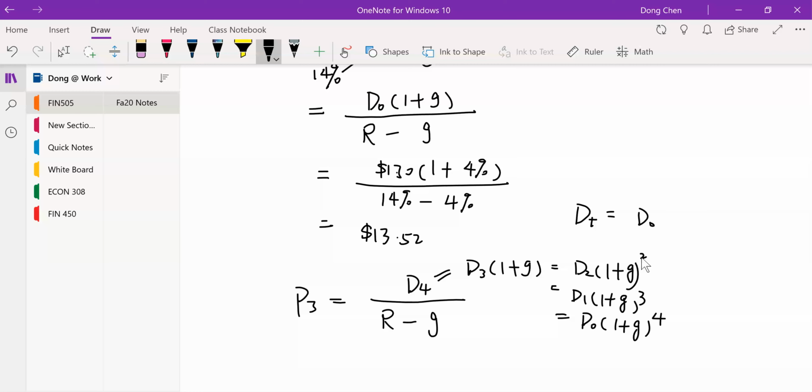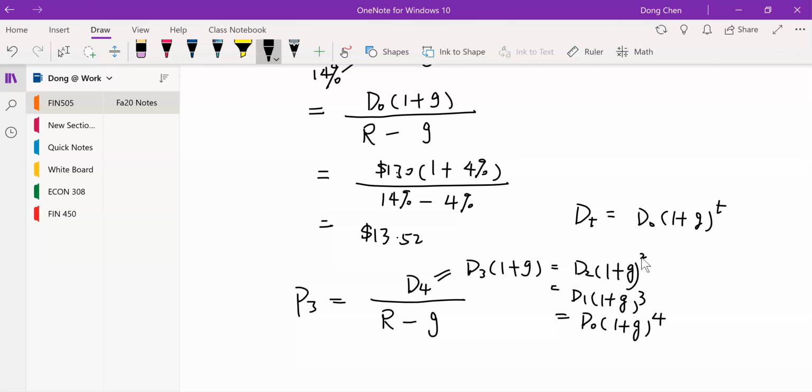T is any integer number which stands for any time point in the future. Dt equals D0 times 1 plus g raised to the power of T. So in this case, D4 equals D0 times 1 plus g raised to the fourth power. If you want to get D5, you just change the T to be 5. You can get the dividend for any number.